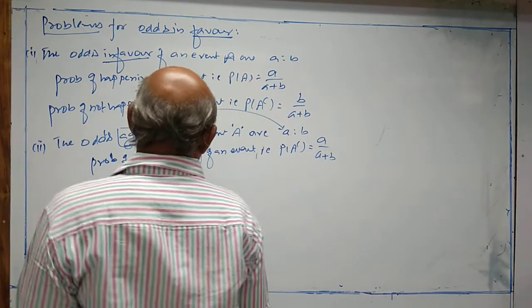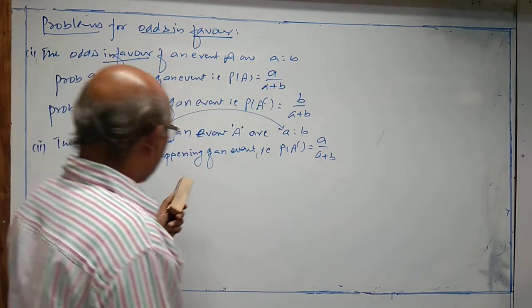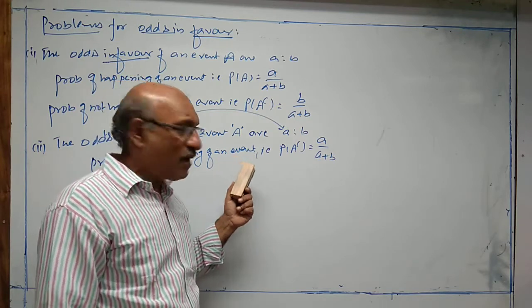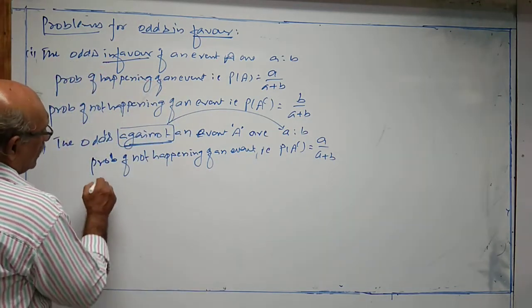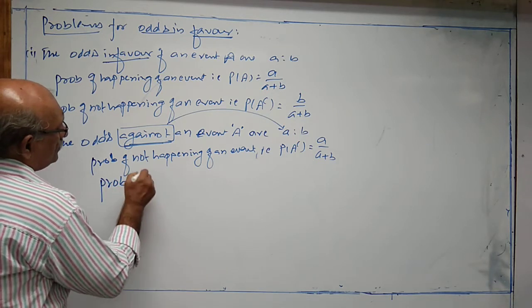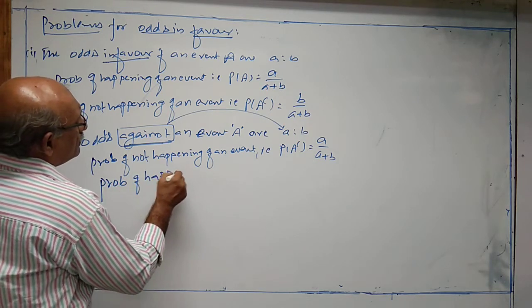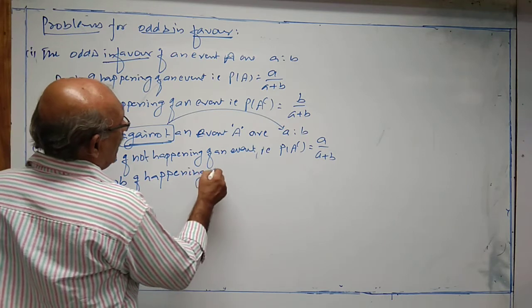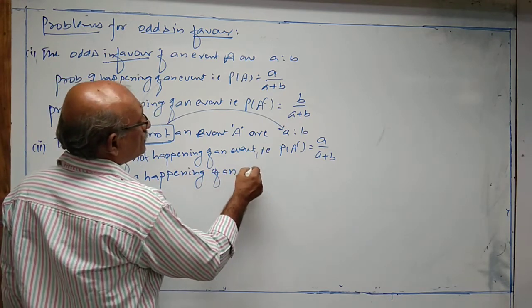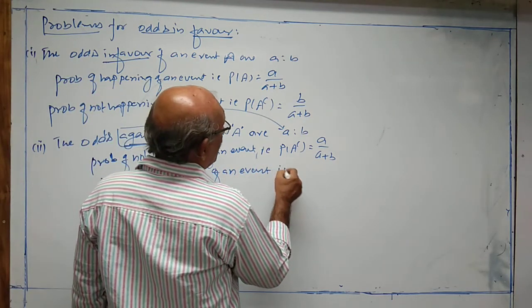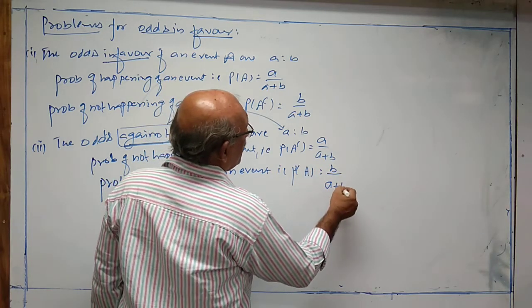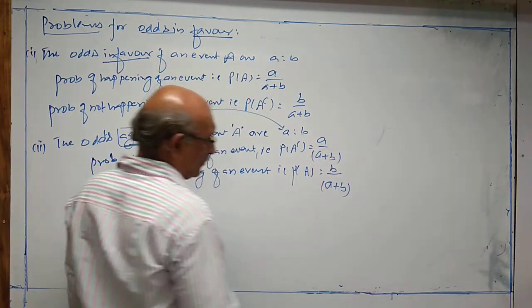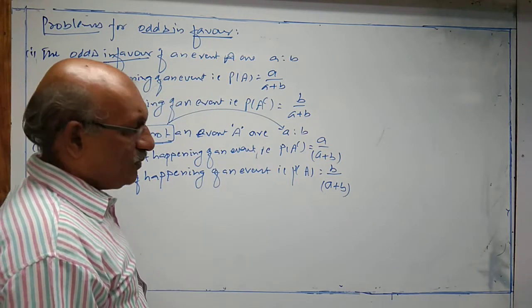Therefore you have to write probability of not happening of an event is a by a plus b, and probability of happening of an event, that is P of A, is equal to b by a plus b.